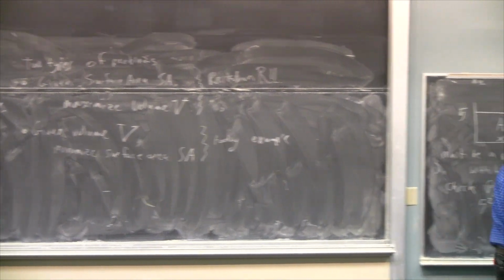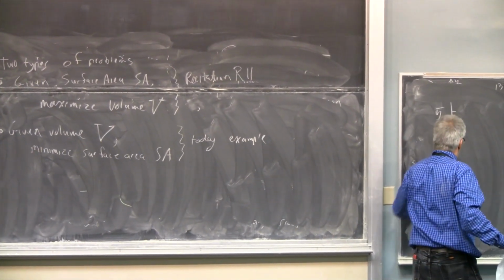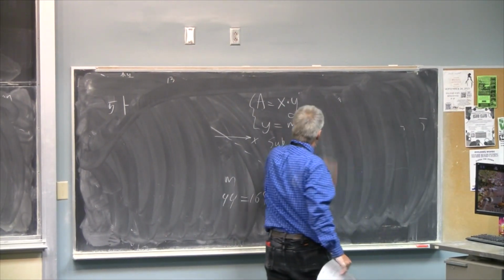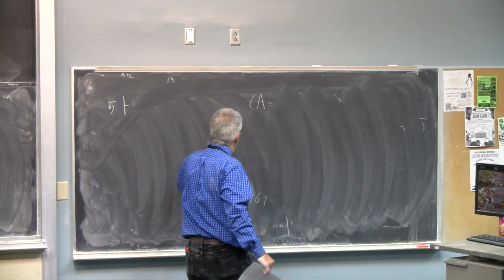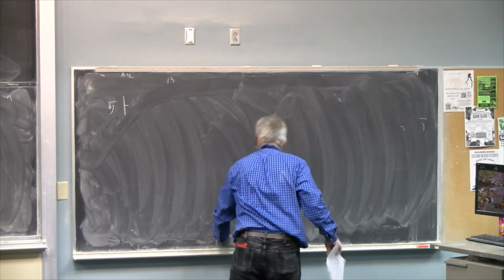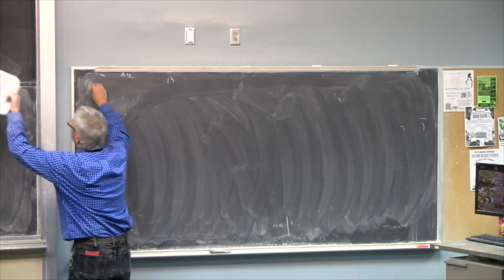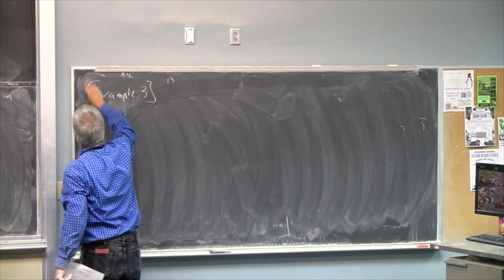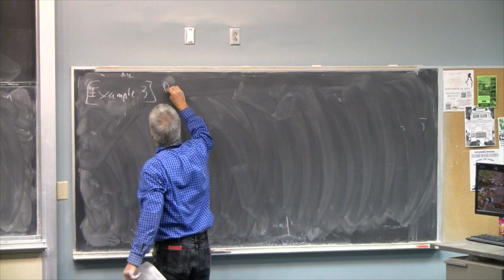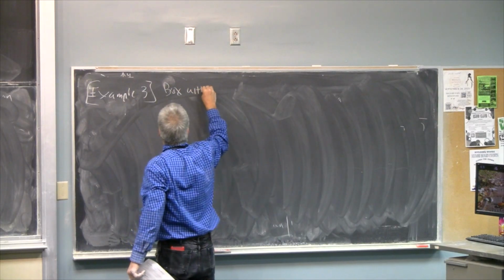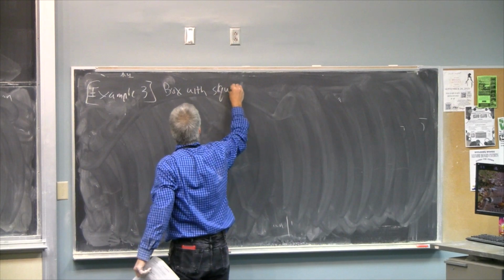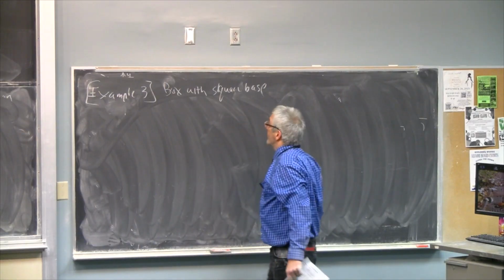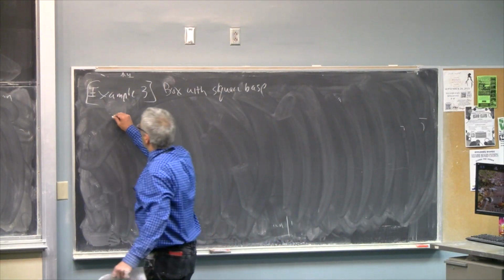So we have a box with a given volume, a box with square bottom and open top. So we have a box with a square base. I really write badly when I'm in a hurry. Box with a square base and open top.